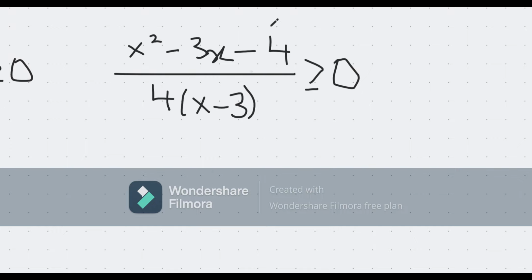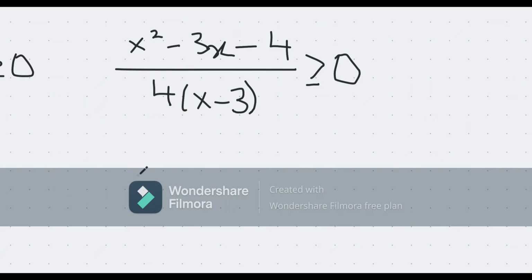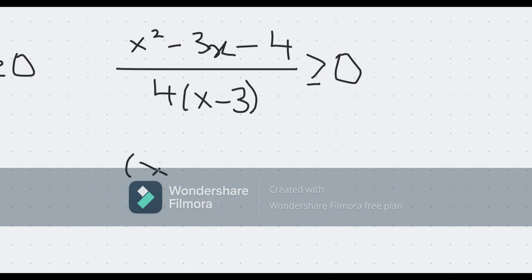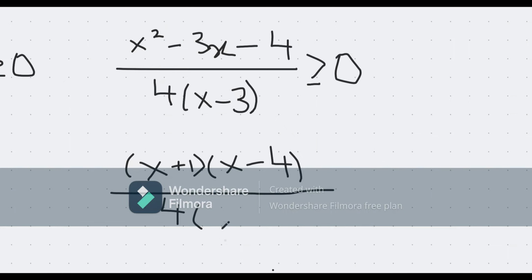And then you factor this top part. This factors out to x plus 1 times x minus 4, divided by 4 times x minus 3, must be greater than or equal to 0.